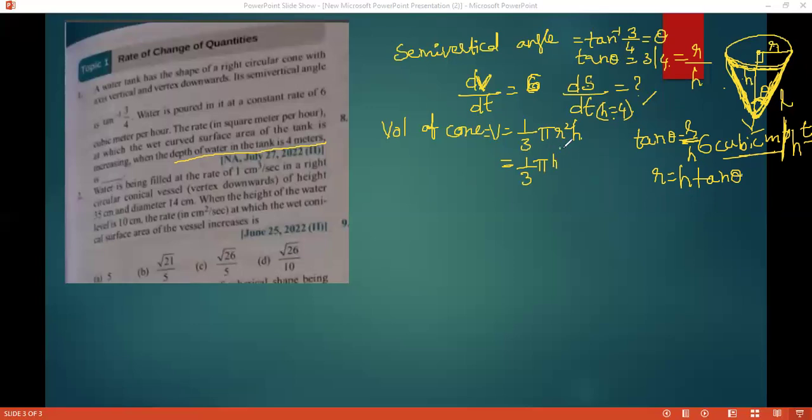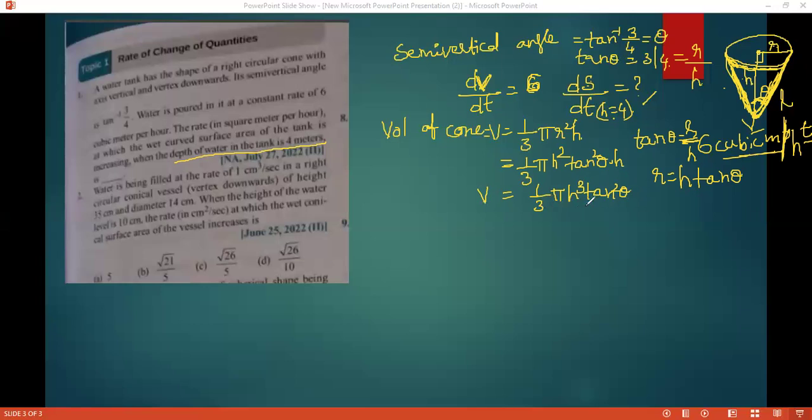So h square tan square theta into h. So it becomes 1/3 pi h cube tan square theta. Understood? So this is the volume we got: volume is equal to 1/3 pi h cube tan square theta.